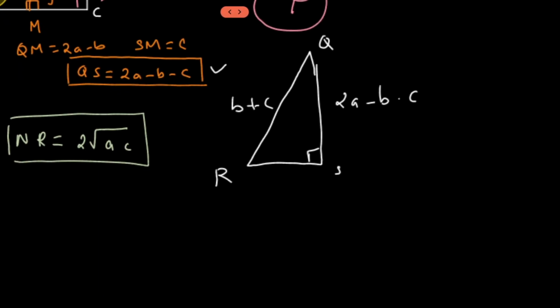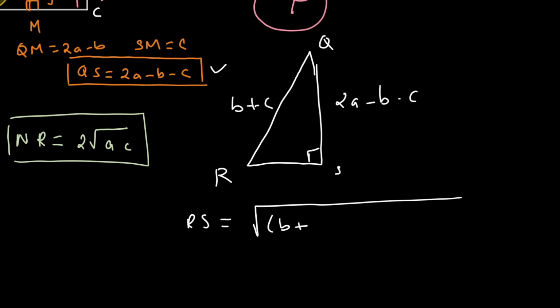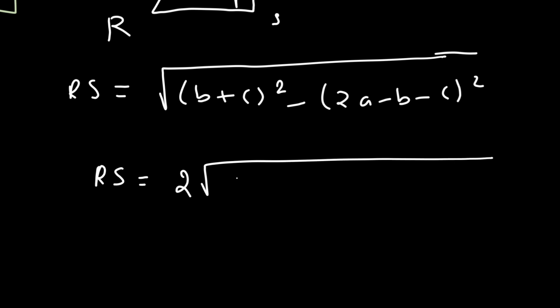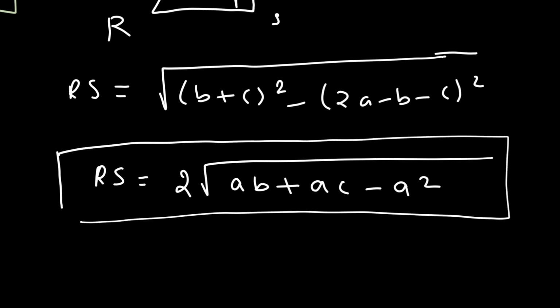Therefore, by Pythagoras theorem, the length of RS would be equal to the square root of (b plus c) the complete square minus (2 times a minus b minus c) the complete square. When you simplify this equation, you will get the value of RS equal to 2 times square root of AB plus AC minus A square. This is the value of RS.